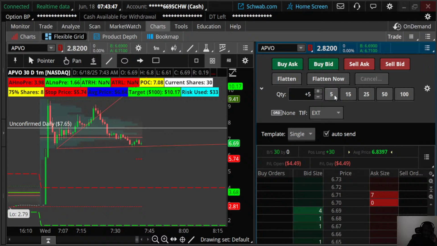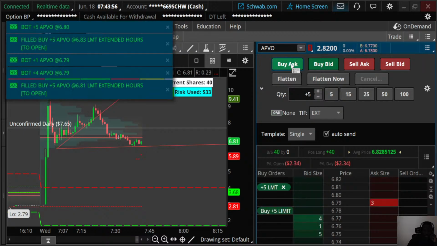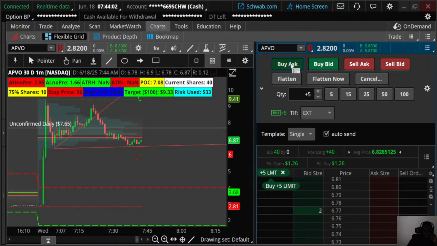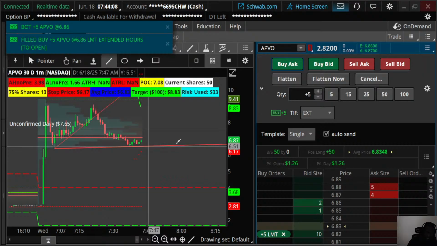Showing a little green there. Can you get back above? Okay. 6.80s. Can we see it? Add it in. Looking for a move back up to that 7.65 level. In 50 shares with the out still at 6.53.